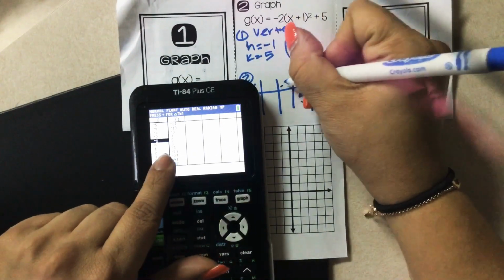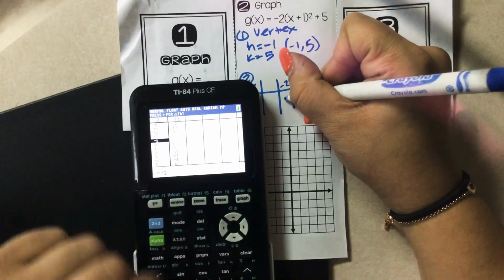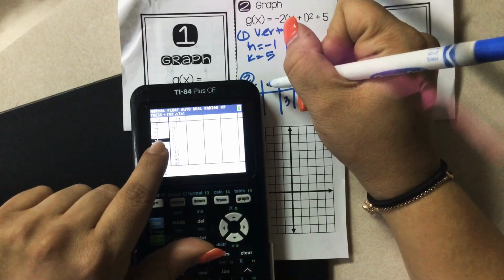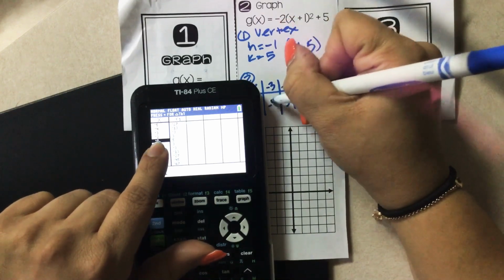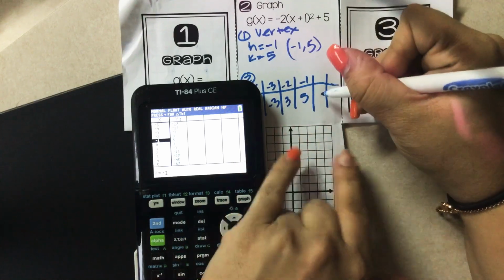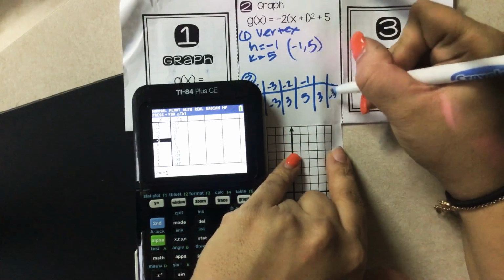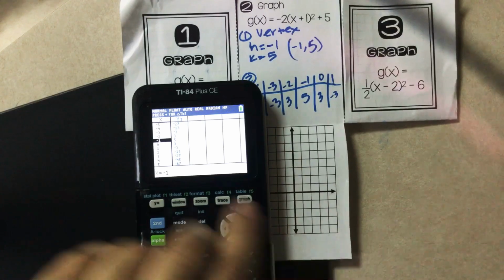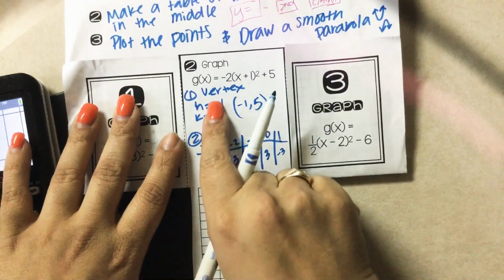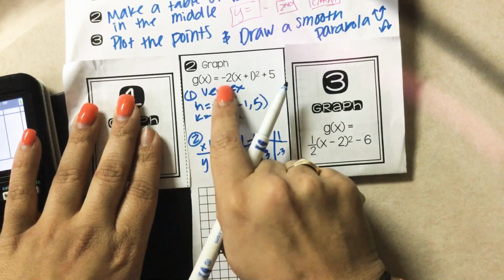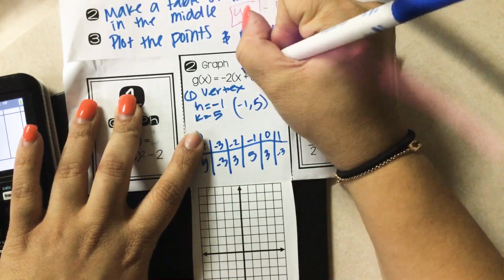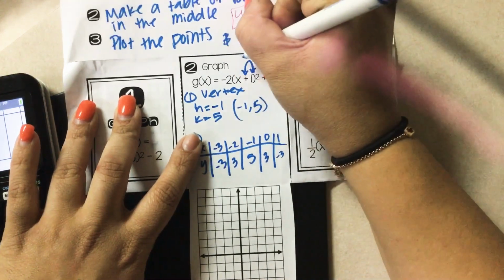Right before it, you've got -2 and 3 and then -3, -3, 0, 1. And something that you should automatically recognize is because your A value is negative here, it's not going to be a happy face, but it's going to be a sad face.